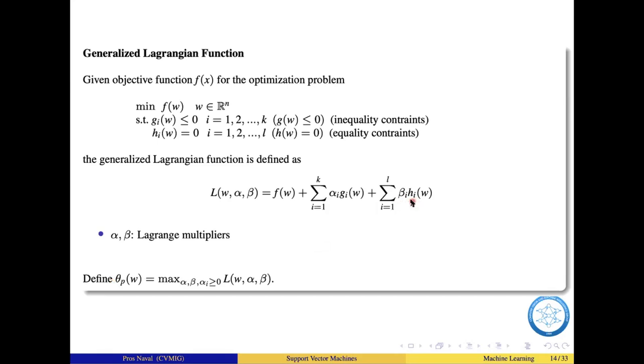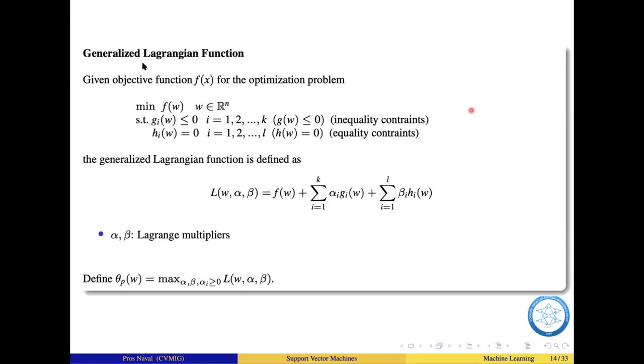Take note that this quantity h_i, we want it to be 0, right? Equality constraints. And if we want to maximize this whole thing, we're basically forcing this to be 0. Otherwise, beta will try to maximize itself in the plus infinity or negative infinity direction, depending on the value of this, and therefore blow this up.